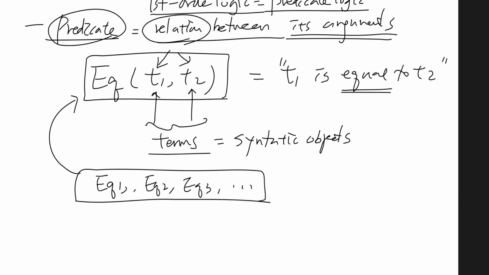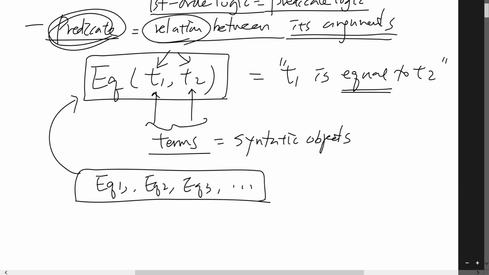So we will later introduce this predicate. In this example, EQ is a predicate, and it has two argument terms, and combined together, we obtain a new proposition.